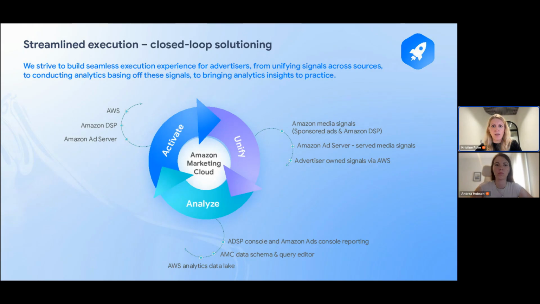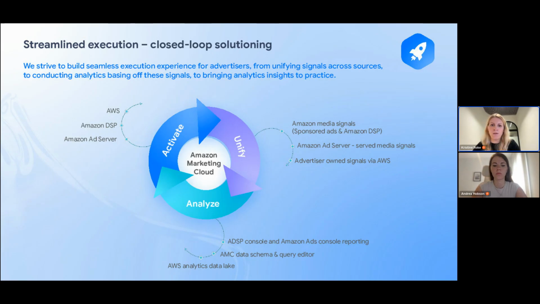And so looking at the full closed loop of AMC, we start by unifying data from different sources: from Amazon DSP, from sponsored ads, Amazon Ad Server, and our own CRM data as well.